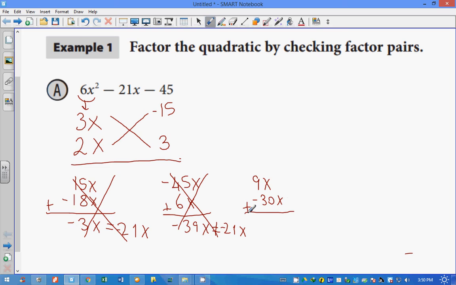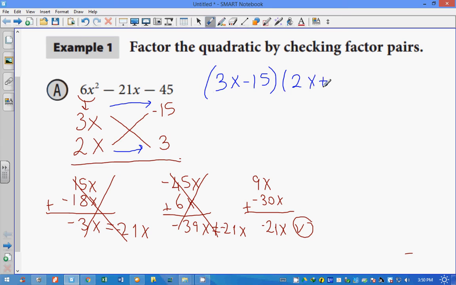When we add those numbers, it's going to be negative 21x, which is the middle number. So let's write the factors. When we write the factors, 3x minus 15 and 2x plus 3, which is equal to 0.